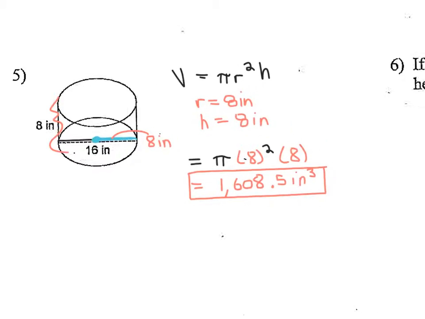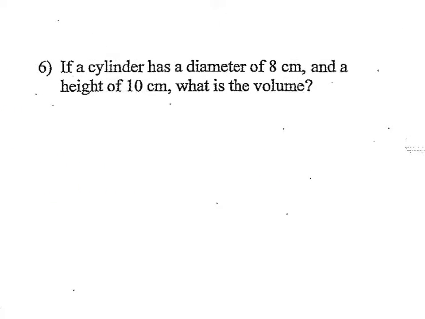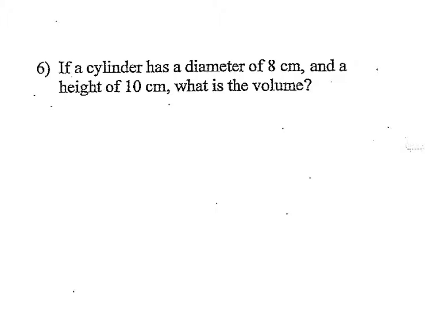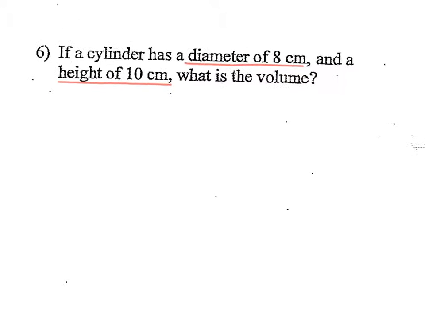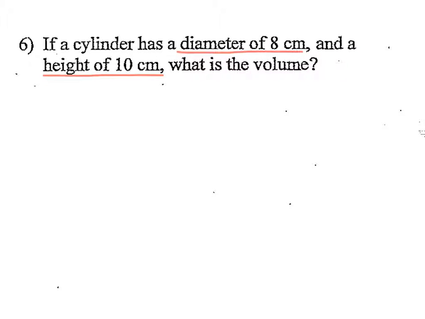Okay, nicely done. For number 6, it says if a cylinder has a diameter of 8 centimeters and a height of 10 centimeters, what is the volume? So here they've given you the dimensions, you just don't have a picture, so you have to read the word problem and then take out what you need from it.